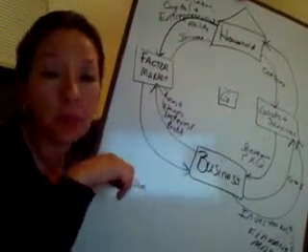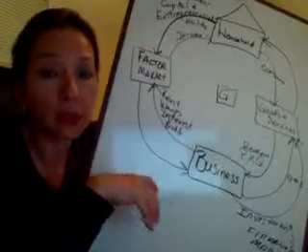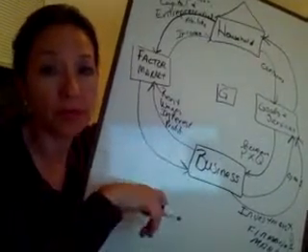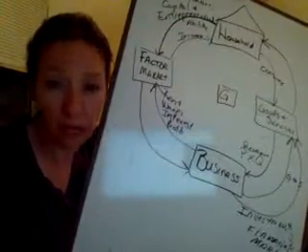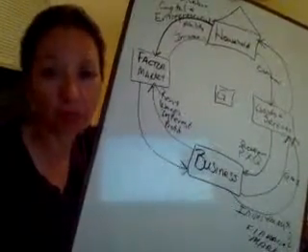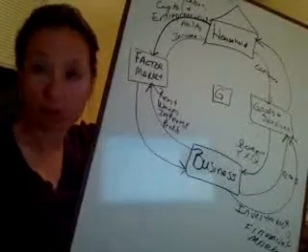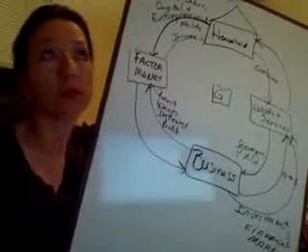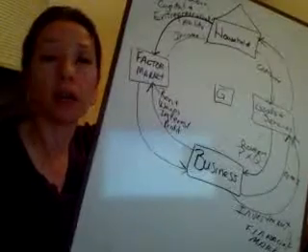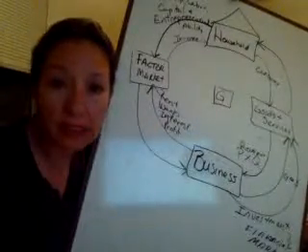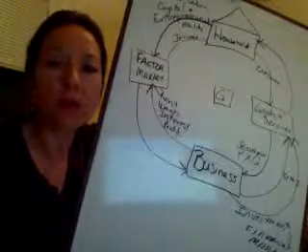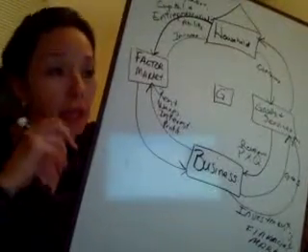Now government is important because, as you know, the government provides us a lot of services. They provide for public safety, they provide for national defense, they provide an infrastructure system, so I mean roads and sewer systems, they provide environmental services, and so the government plays a really important role in our economy.